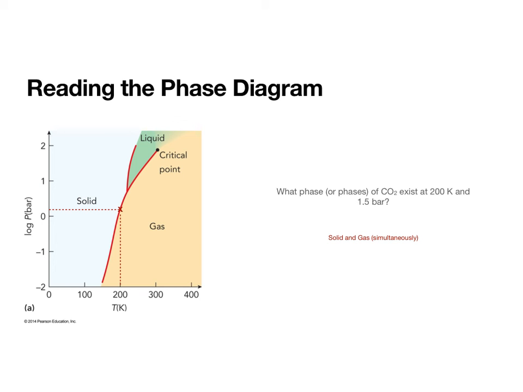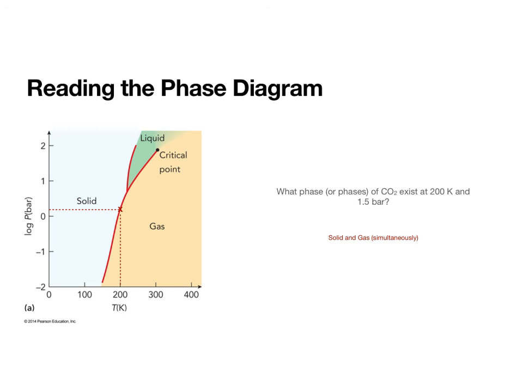Okay, so phase diagrams are here to help us figure out, when we have a set of conditions, a temperature and a pressure, what we expect. It also helps us design our experiments. If we want to make sure that we are working with gases, then we need to stay in the part of the phase diagram that gives us a gas.